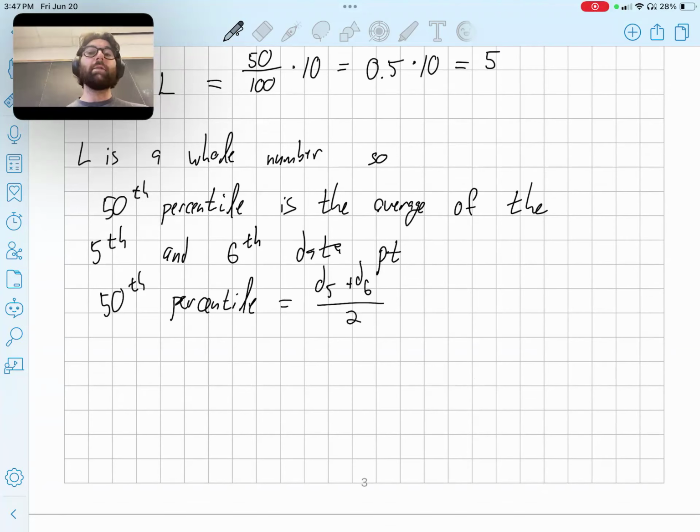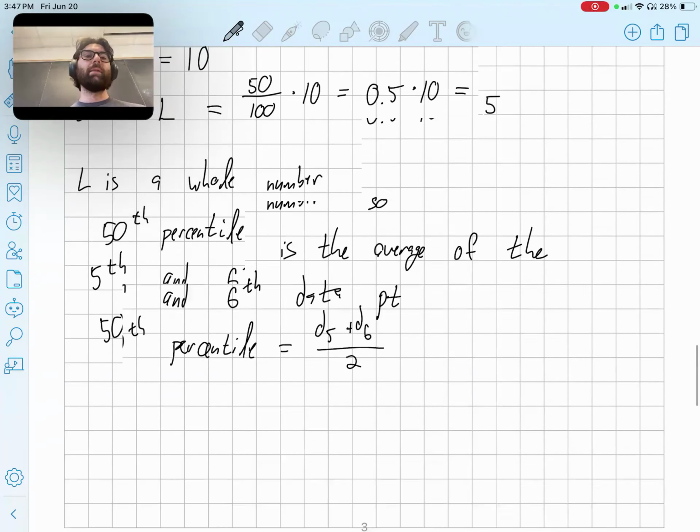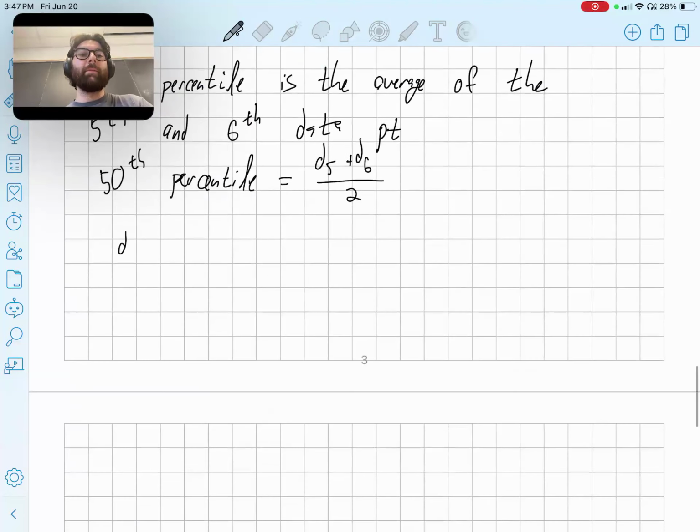Because when you're taking the average of two numbers, the mean of two numbers, you add them together and divide by 2. It's the number right between them, directly in the middle of D5 and D6. So let's find D5. D5 is the 5th data point. 1, 2, 3, 4, 5. So D5 is 10.